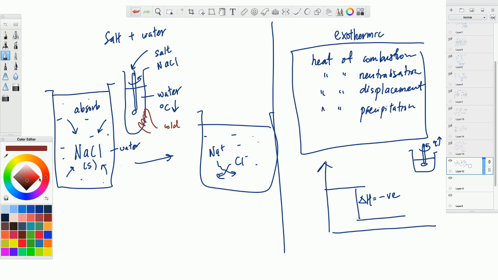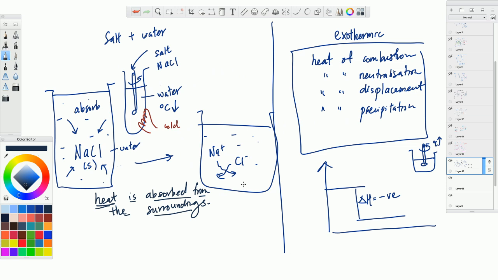Heat is absorbed from the surroundings. Okay, heat is absorbed from the surroundings. And who is the surrounding? The surrounding is the test tube, the water, and your hand. Okay, so that's why the test tube and your water and your hand feels cold.